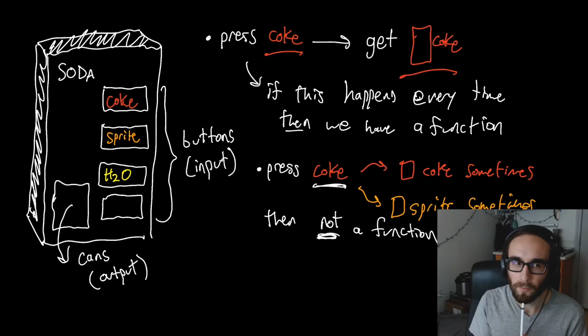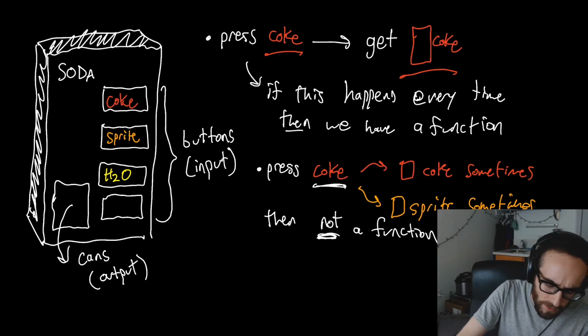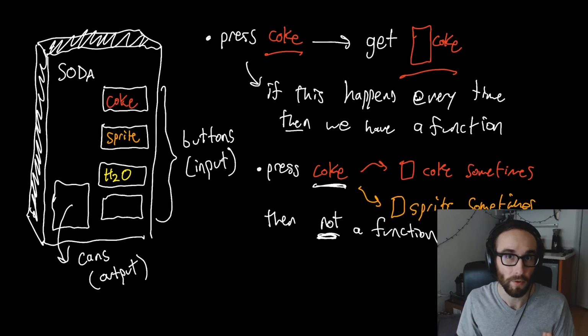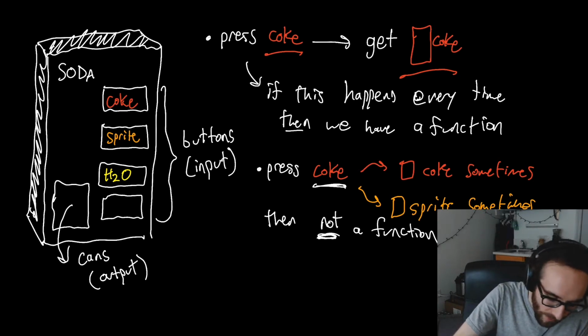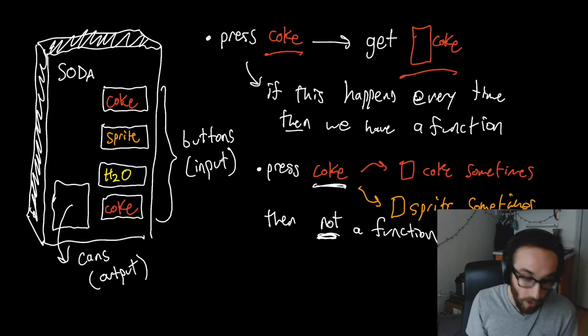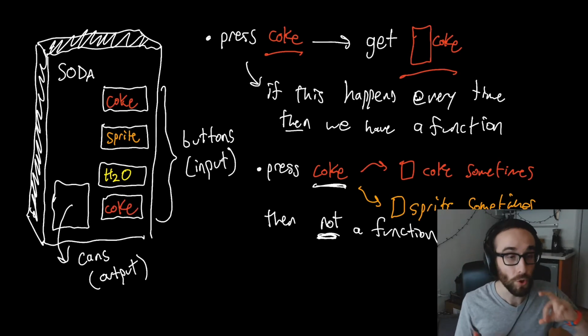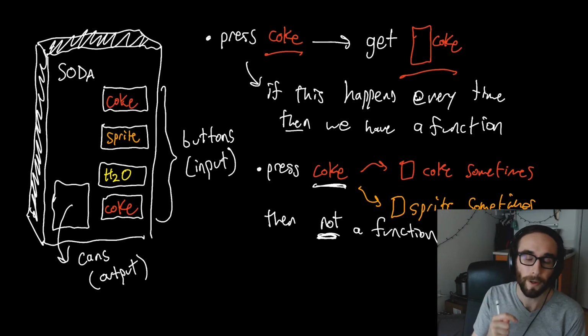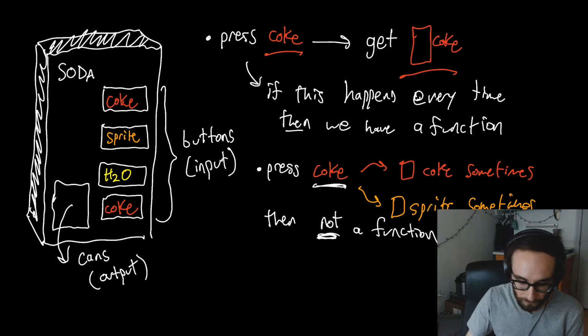Another thing to look at is that sometimes you might notice on soda machines there are multiple buttons for the same soda. Sometimes maybe there's a soda that's more in demand. Maybe they're selling a lot of Coke from this machine, so they have two Coke buttons. You could press either button, and either button will give you a Coke can.